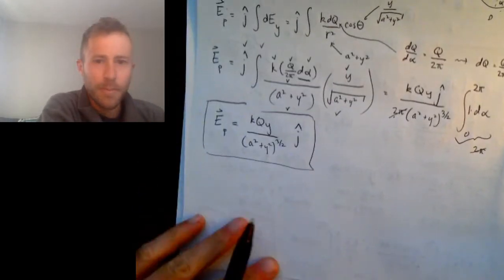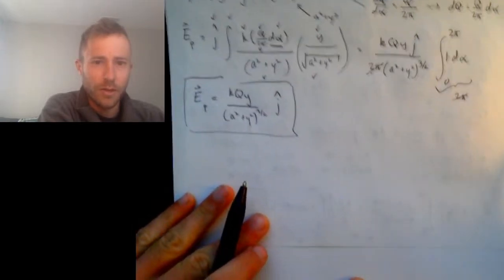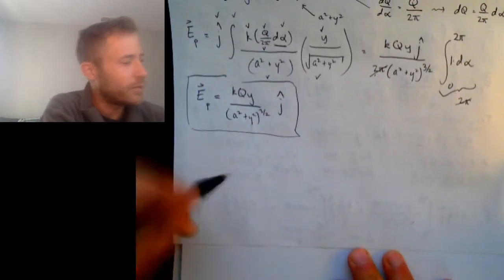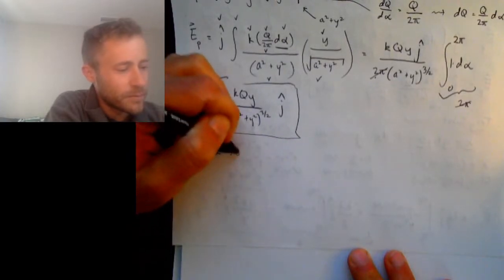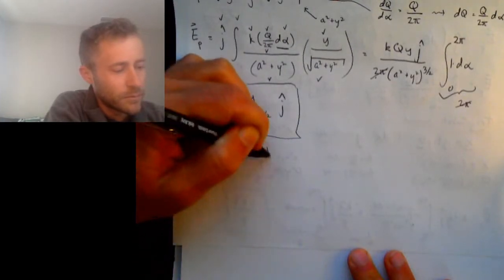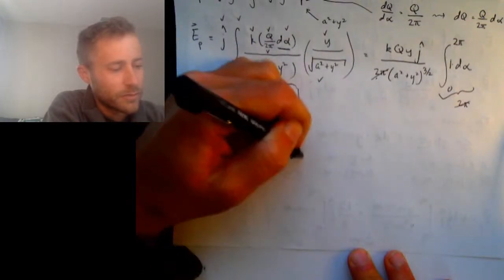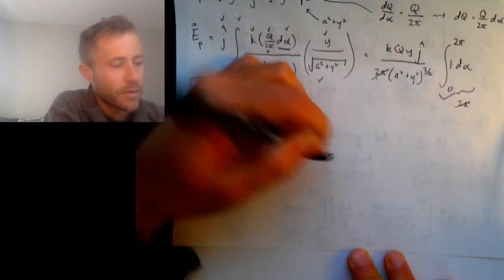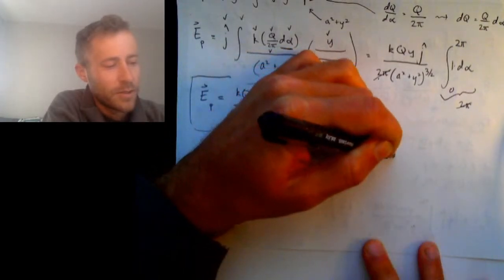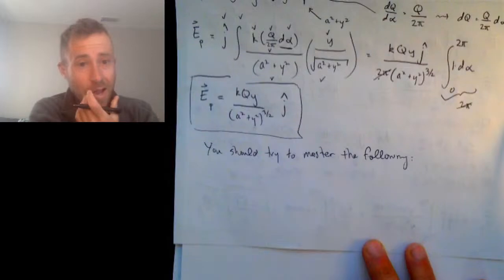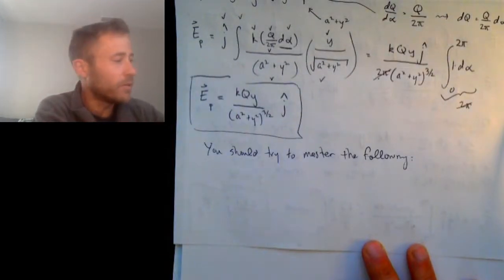So let me just summarize what we've done for the last few lessons. You should try to master the following, because these are the examples where you can actually do the integral, okay?